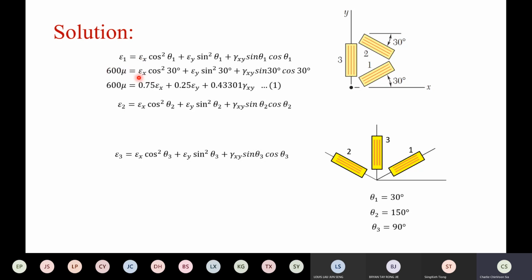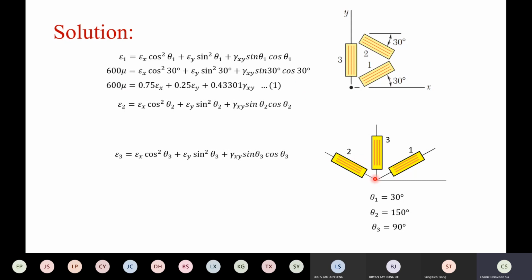After that, strain x, strain y, shear strain xy, theta 1 at 30 degree, you just substitute 30 degree into it and simplify the equation. You will obtain your first equation.